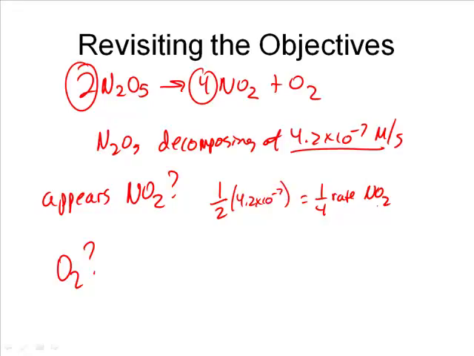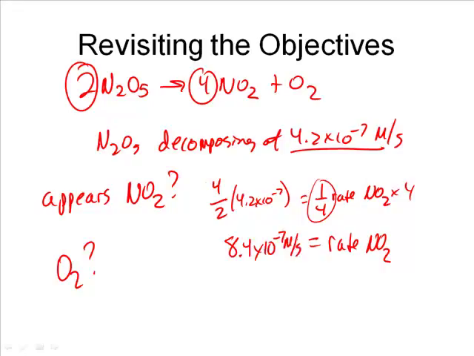To get the rate of NO2 by itself, we got to multiply both sides by 4. So basically times 4, 1 times 4 is 4, so it's 4/2, which is 2. Therefore, the rate of the appearance of NO2 is going to be double, 8.4 times 10 to the negative 7th molar per second.